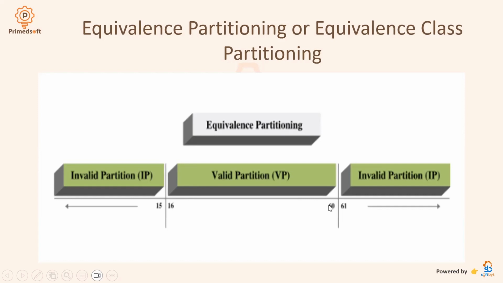If you test 60, 60 will fail. If you test 14 and it goes through, that means if you test 15, it will go through. So every member of this partition behaves the same way.